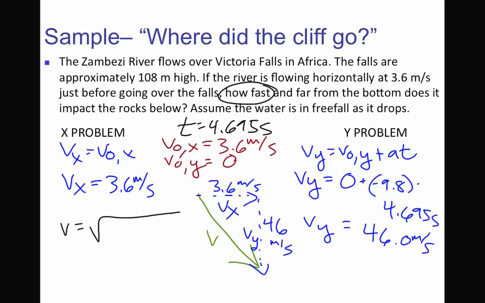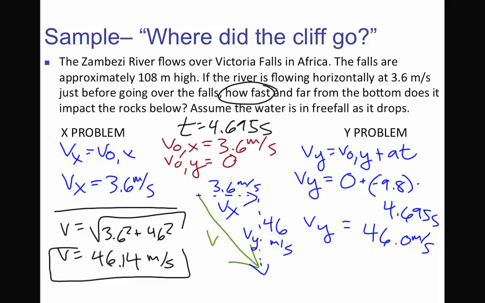So v is the square root of 3.6 squared plus 46 squared, and you end up getting that the velocity is 46.14 meters per second, just slightly larger than 46 meters per second. And that's how you would find the speed at the base of the cliff. If you wanted to find the angle, you could just use inverse tangent and find the angle. Thanks for watching. I hope this was informative.